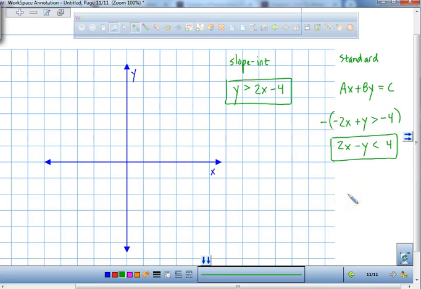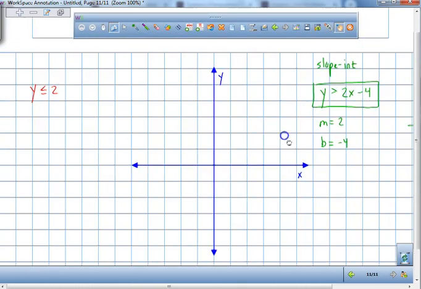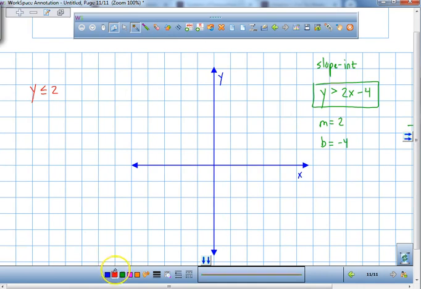Okay? So you know. All right, so what's my slope of this? 2. What's my y-intercept? Yeah, very good. Sliding over. All right, what's my slope? Nope. I'll give you a hint.